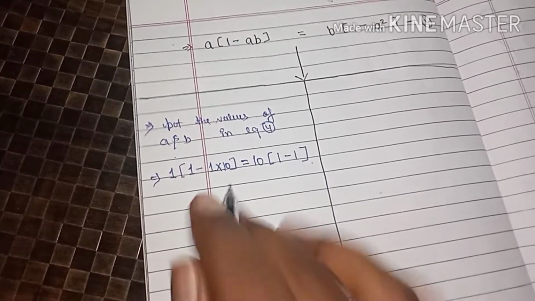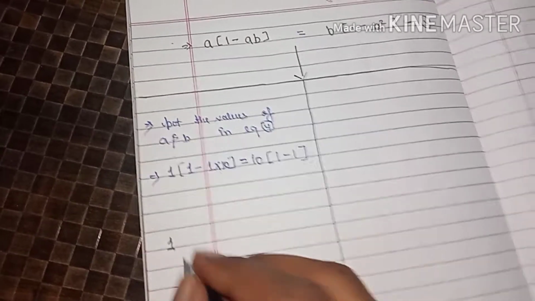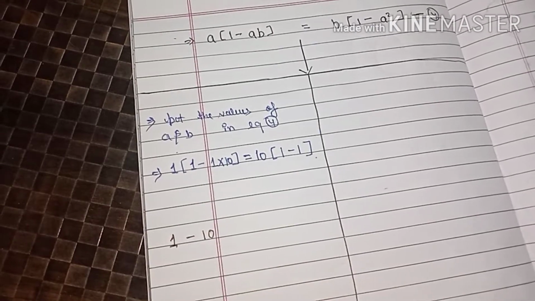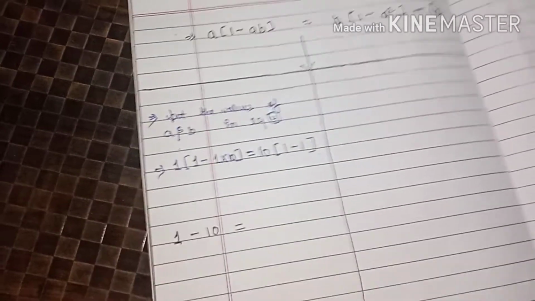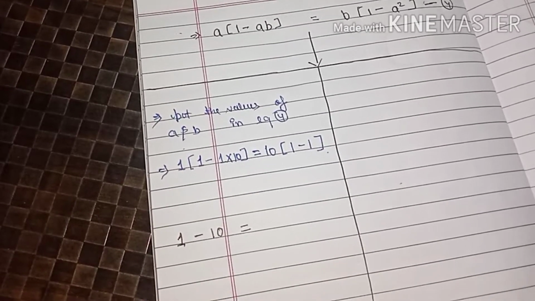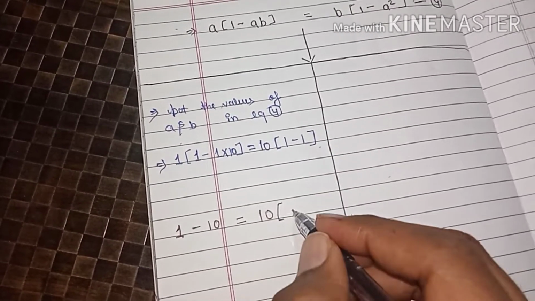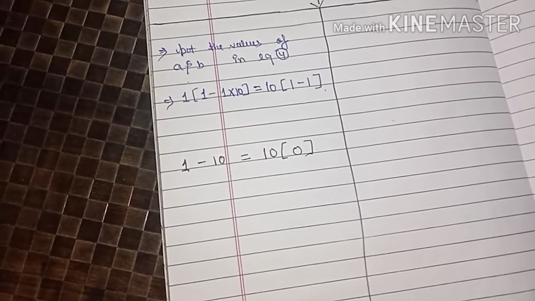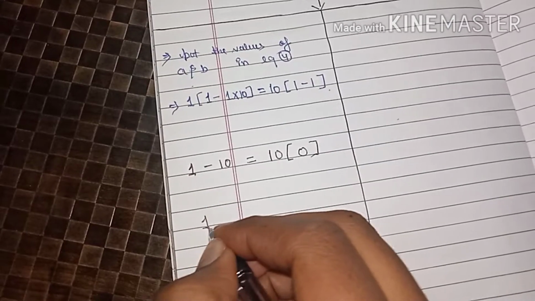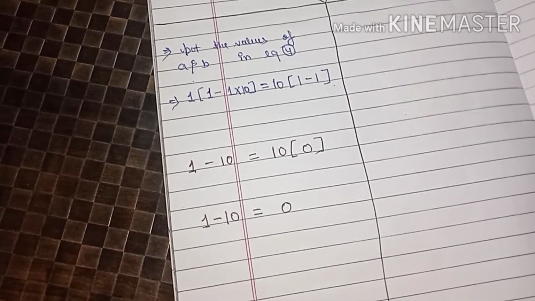So we get 1 minus 10 is equal to, here is the 1 minus 1, which is 0. If we multiply 0 with any number, it will be 0. So 1 minus 10 is equal to 0.